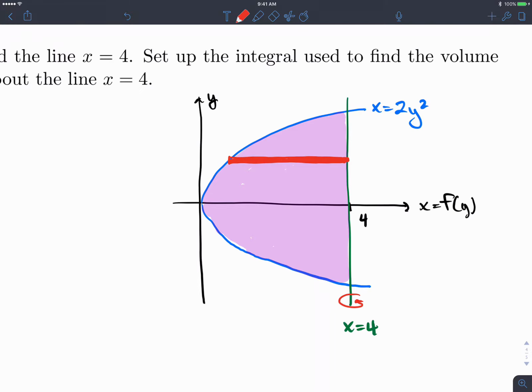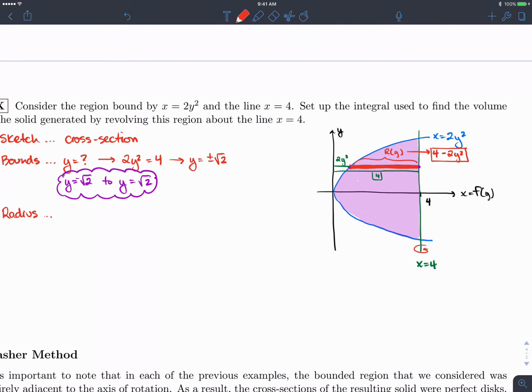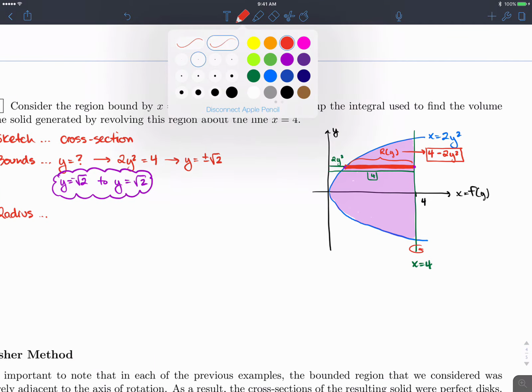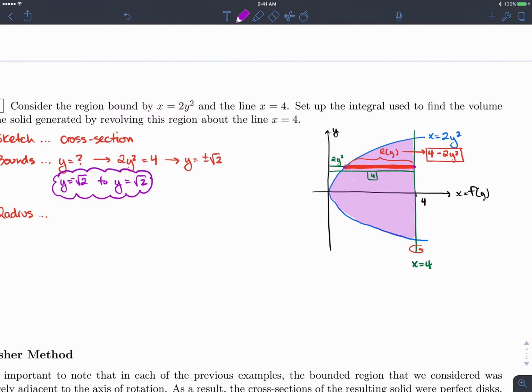And that gives us our radius as a function of y. So we can go ahead and define that now. Our radius, r of y, is going to be equal to 4 minus 2y squared.